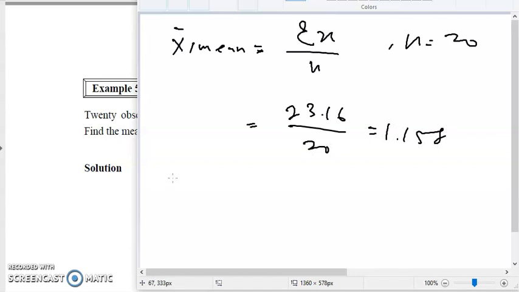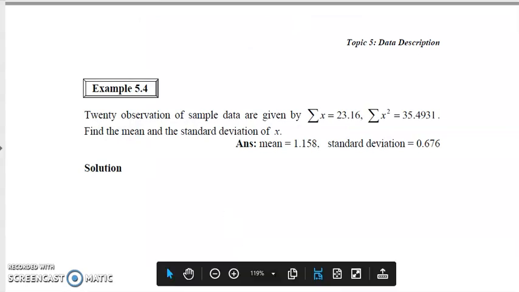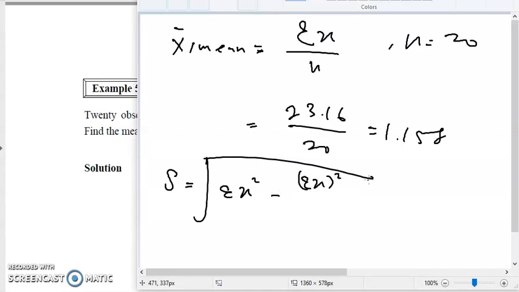1.158. And for the standard deviation in this case we'll be using the formula for sample data. So the standard deviation will be equal to the square root of sigma of x squared minus sigma x all squared over n, okay, and then divided by n minus 1.